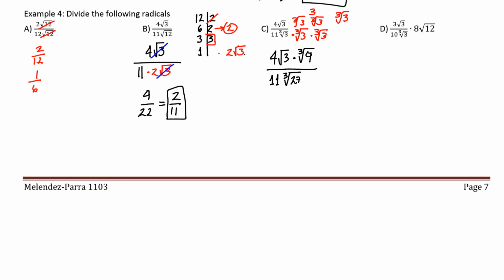The cube root of 27 is a perfect cube, which means that this simplifies to 4 square root of 3 times the cube root of 9 over 11 times 3, which in turn becomes 4 square root of 3 times the cube root of 9 over 33.